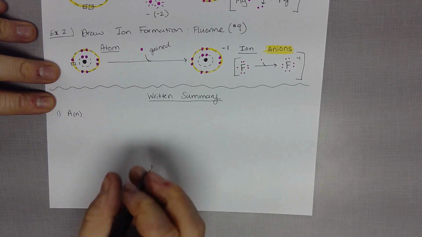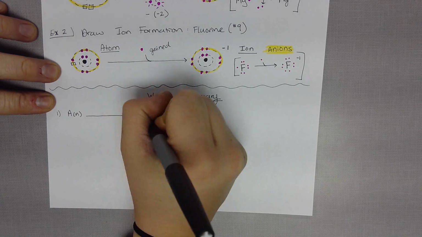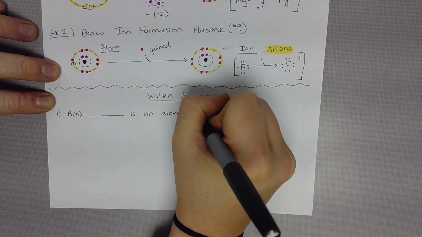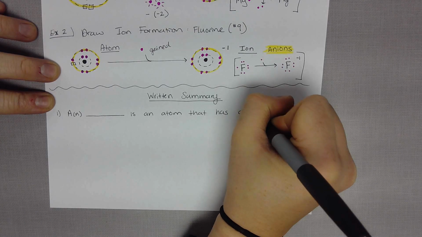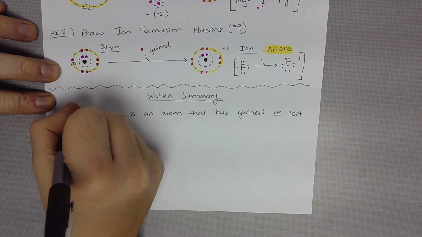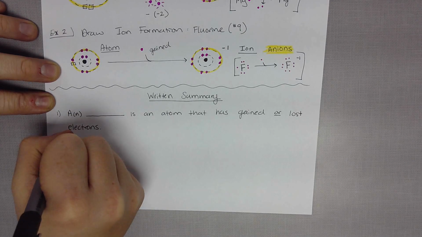Not questions, statements. A or an blank is an atom that has gained or lost electrons. Fill in the blank. You can pause the video if you need.